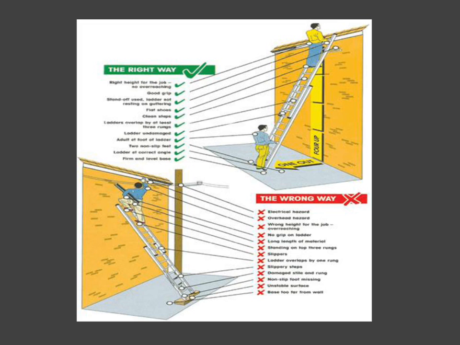And the right way is you want to have the ladder that's the right height for the job. In this particular case, he's not going up on the roof, so he has to make sure it's up there. And you can't really see it in this picture, but there is a standoff on that ladder so that it doesn't hit the gutter, okay, but is supported by the wall itself.